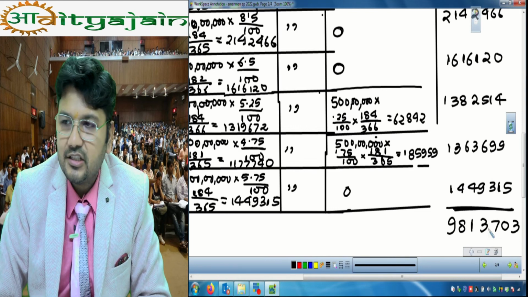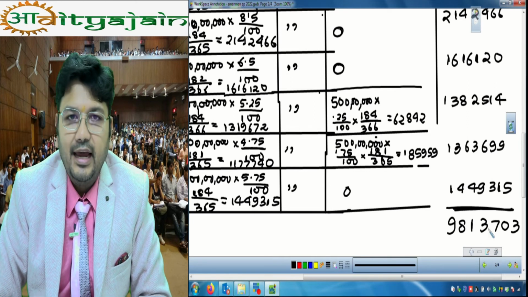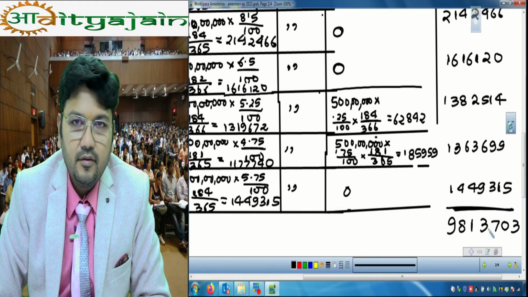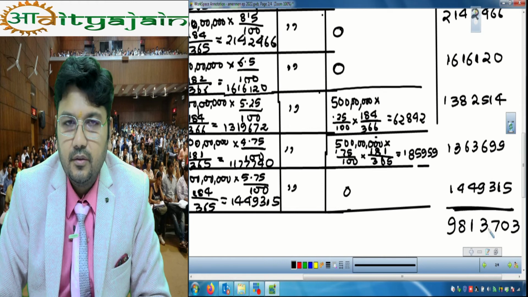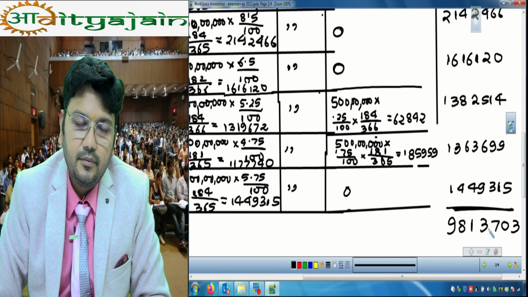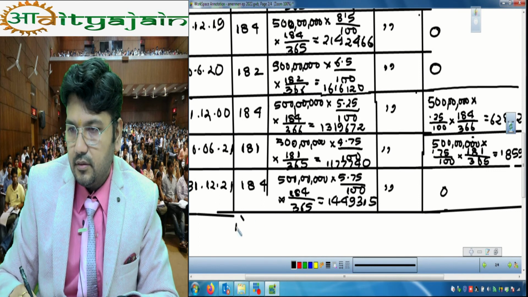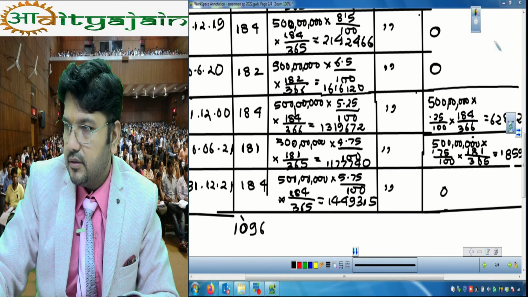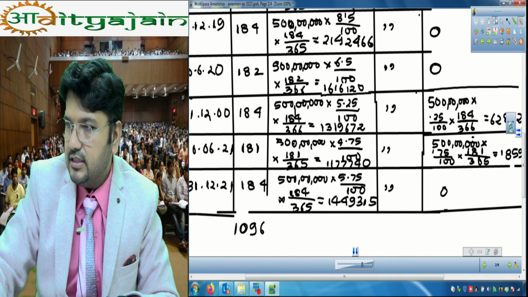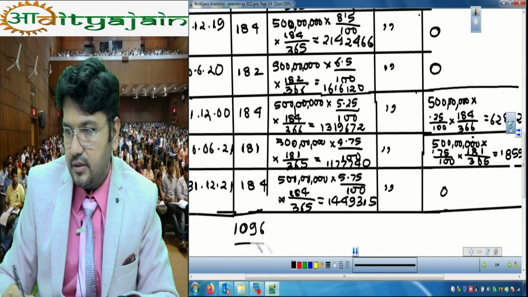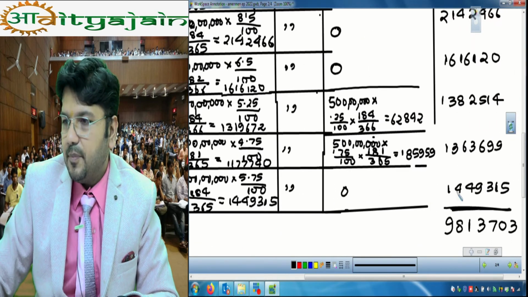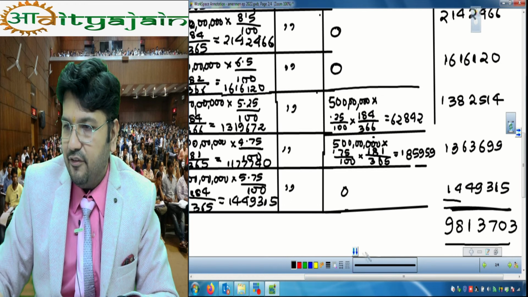Question first part asked us to calculate effective rate at each reset date. Fine, sir. So total is 1096 days. Second part of the question is you have to write average.